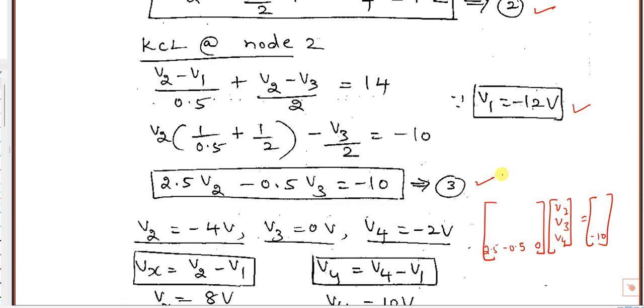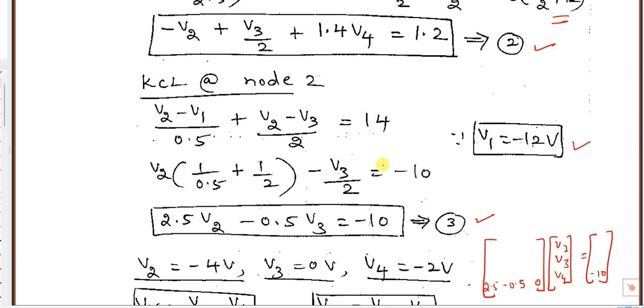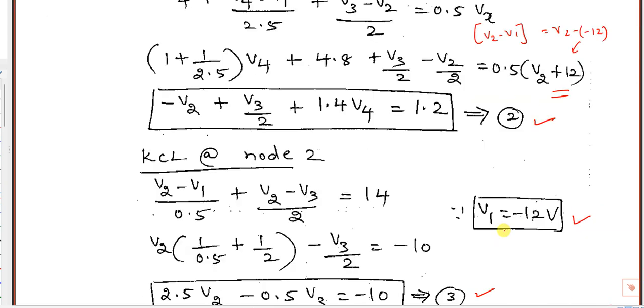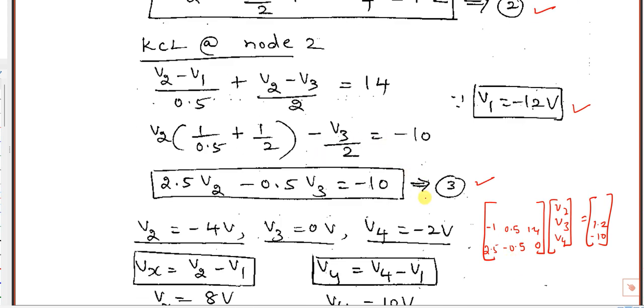Then equation number 2 is minus 1.5, 1.4 is equal to 1.2. Equation number 1: there is no V3, V4 is there, V2 is not there. So while writing, you should be very careful.